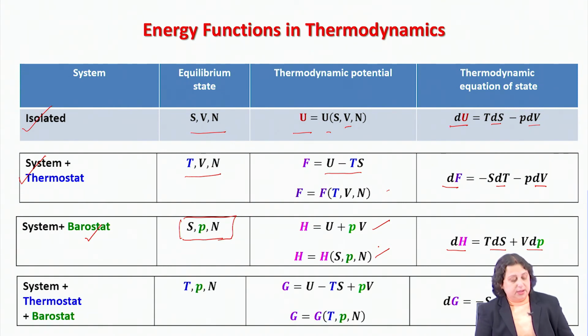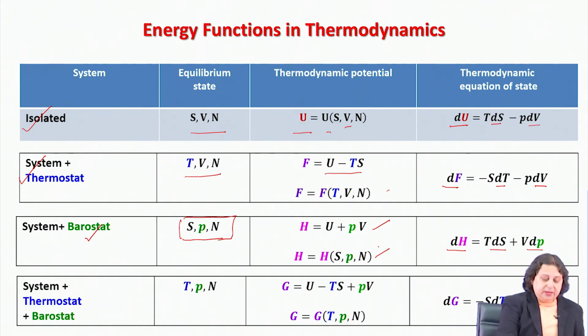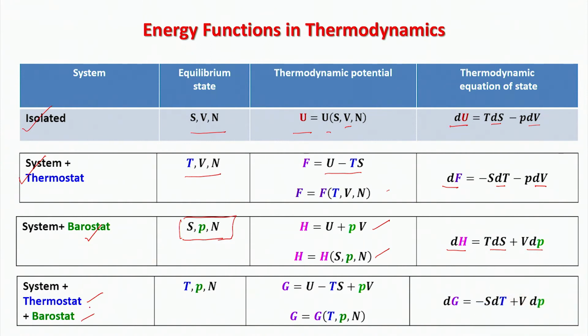And finally, when I have a system connected to a thermostat and a barostat, how do I define the equilibrium state of this system? I do so by specifying the temperature, pressure, and the number of particles present in the system. In this case, I identify an energy function G such that dG depends directly on dT and dP.